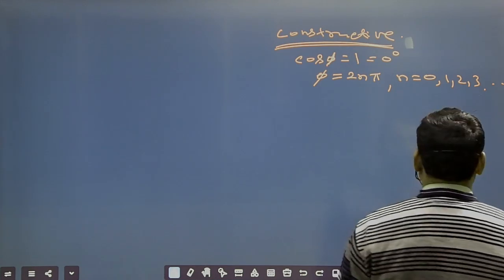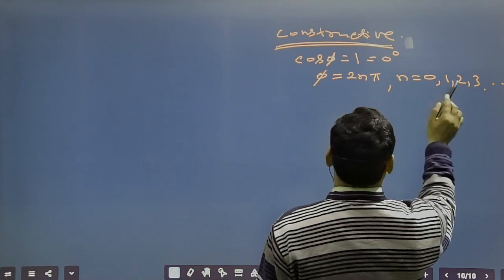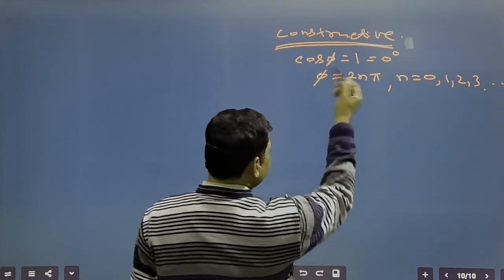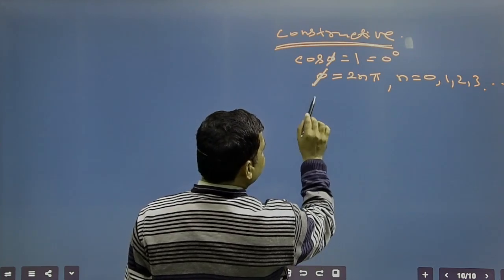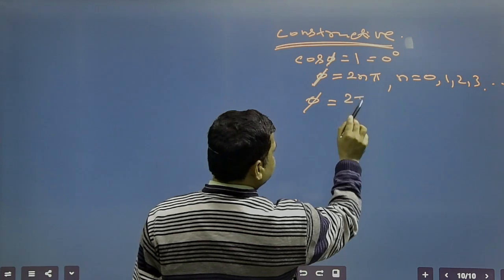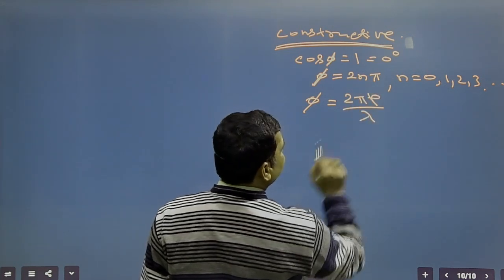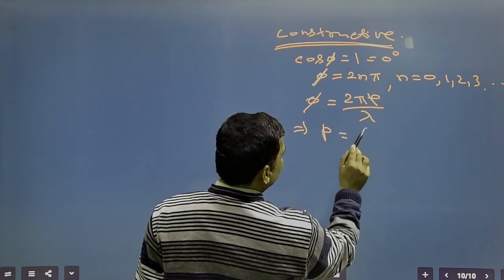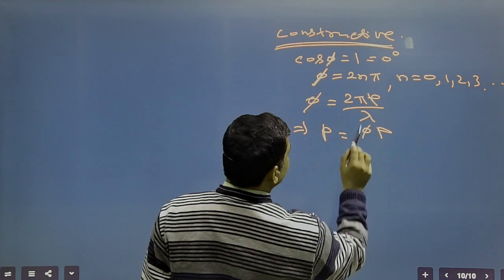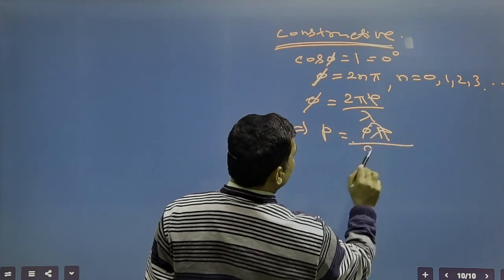Now if we relate this phase difference with the path difference, you know the relationship between phase difference and path difference is phi equals 2 pi p by lambda. So the path difference p equals phi lambda upon 2 pi.